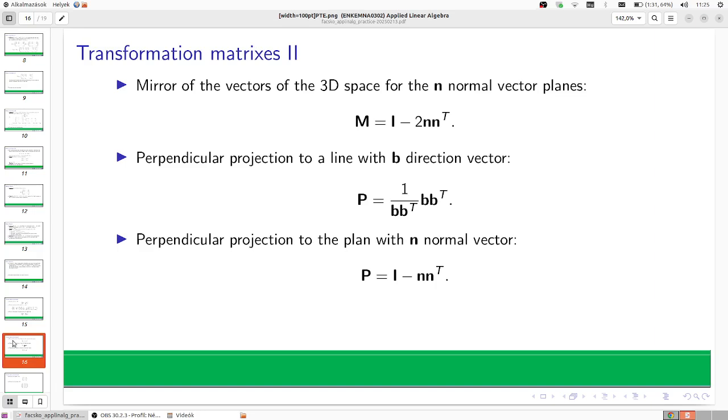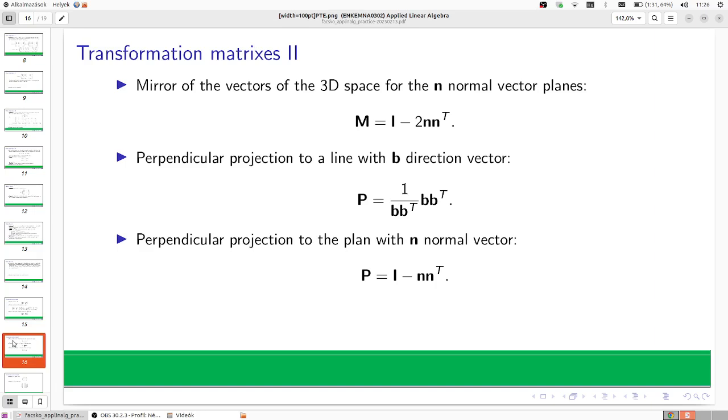This is the identity matrix minus 2. So it means minus 1, minus 1, minus 1, and everything else is 0. This is good.